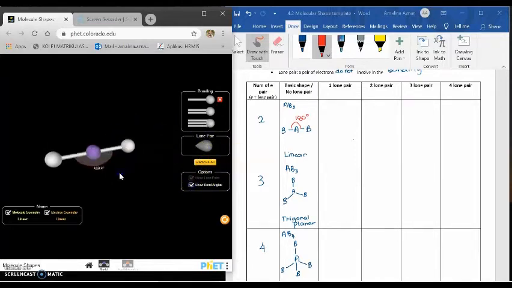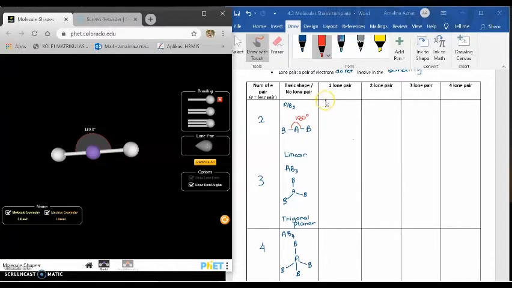You can see the bond angle, no matter how you rotate it, it will still be 180 degrees. Why? The bonding pairs of electrons arrange themselves as far as possible, so one bonding pair is at one end and the other bonding pair is at the other end.